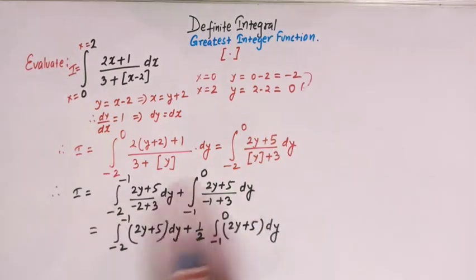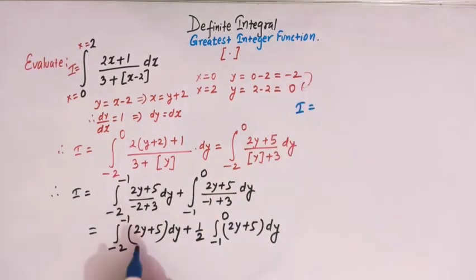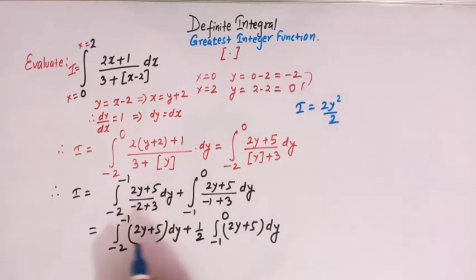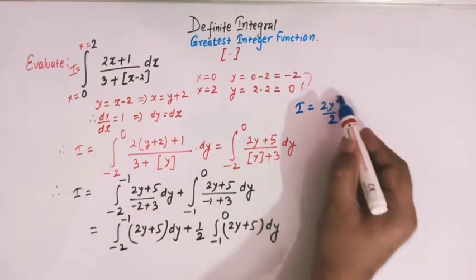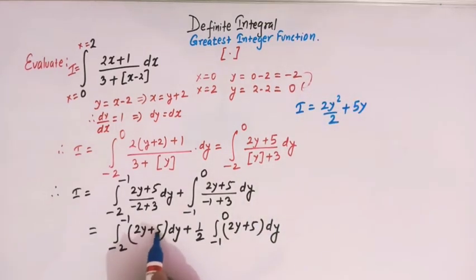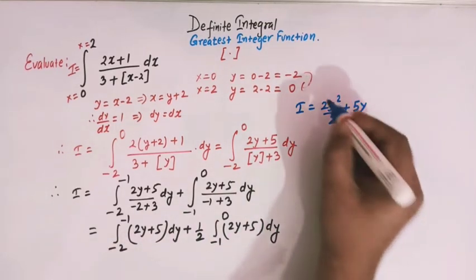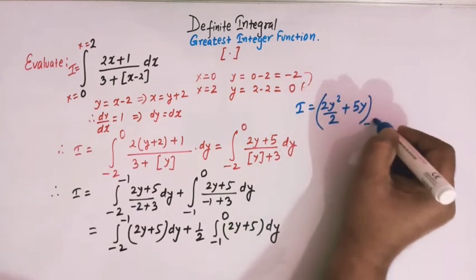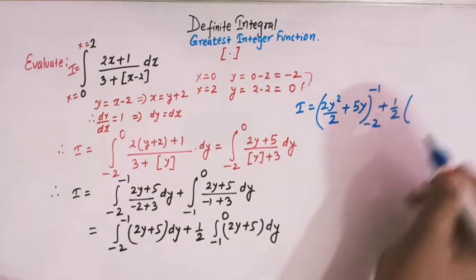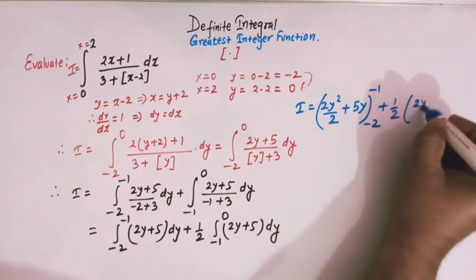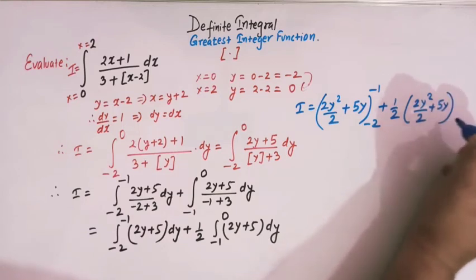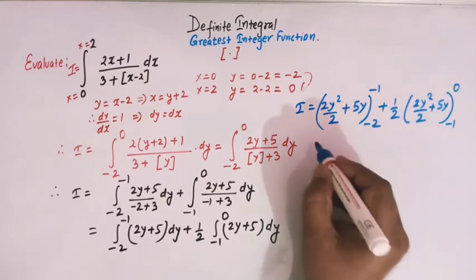The integral of 2y is 2y square over 2, because the integral of y is y square over 2, and the integral of 5 dy is 5y, with limits minus 2 to minus 1, and here also we have half times 2y square over 2 plus 5y, with limits from minus 1 to 0.